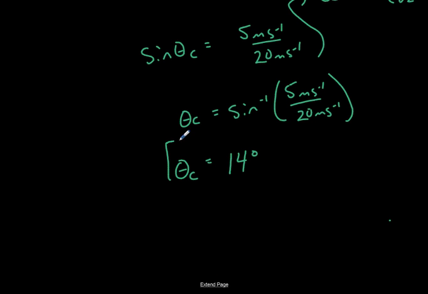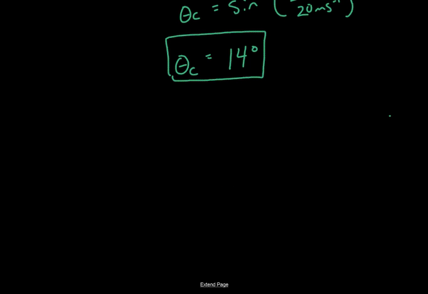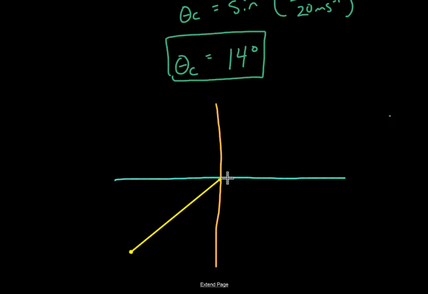Okay, so let's just quickly review what that 14 degrees actually means. So here we have an interface. Here's the normal. Okay, our waves are coming this way. Okay, they're bending away.